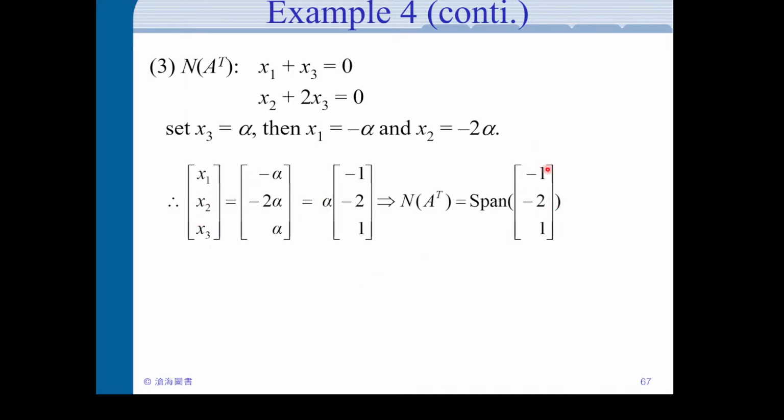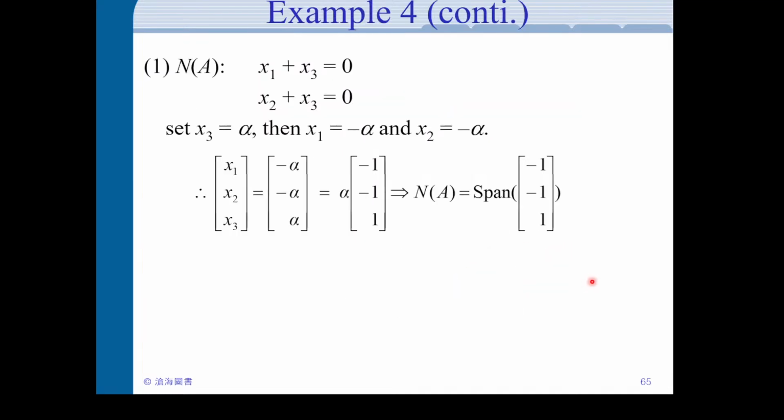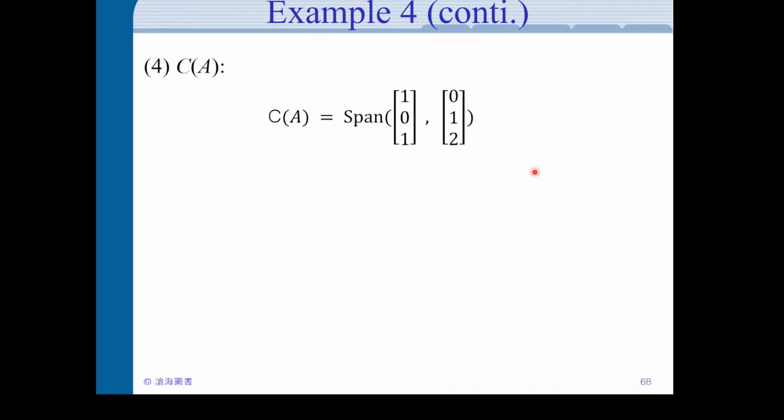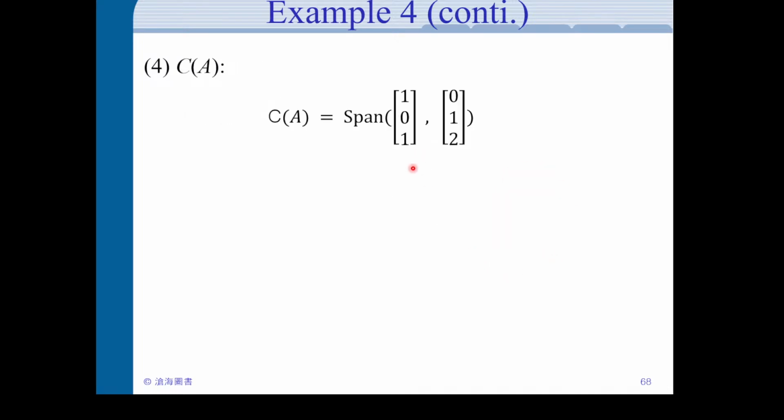So it's spanned by (-1, -2, 1). Then the column space of A will just be spanned by the transposes of those two rows, this vector and this vector. And you see that this is orthogonal to those two vectors, and together they span the whole R3.